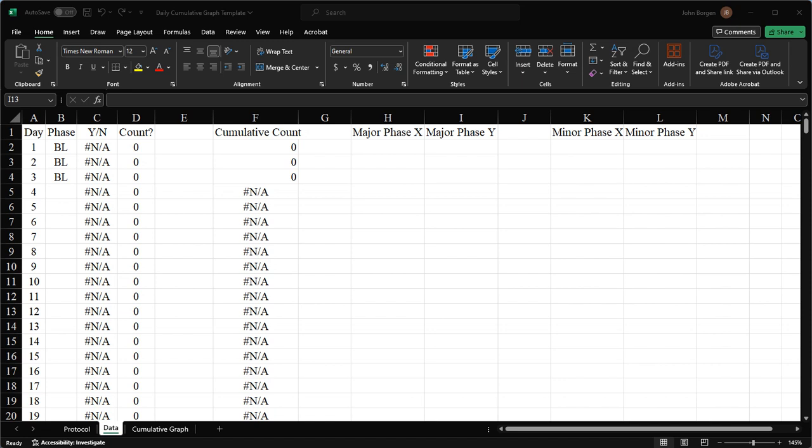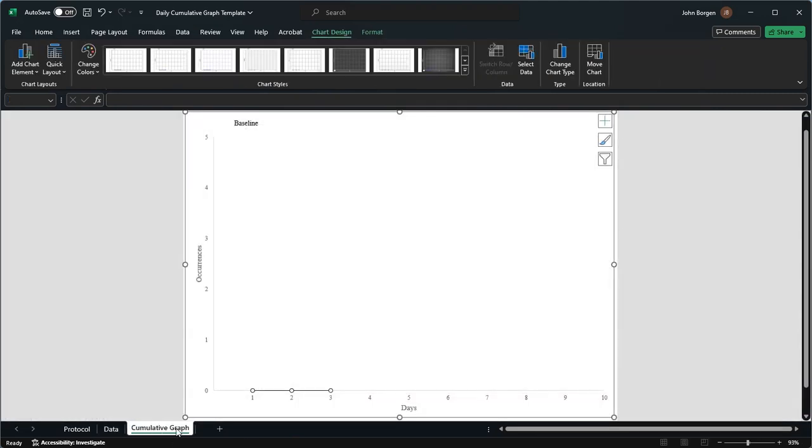Even if you have the 3 times per day, you only have 4 options for what the percentage will be. 0, 0 out of 3, 33%, 1 out of 3, 66% for 2 out of 3, and 100% for 3 out of 3. Again, it's not giving you very good information about how that's happening, and that's why a cumulative graph would be more helpful in those instances.